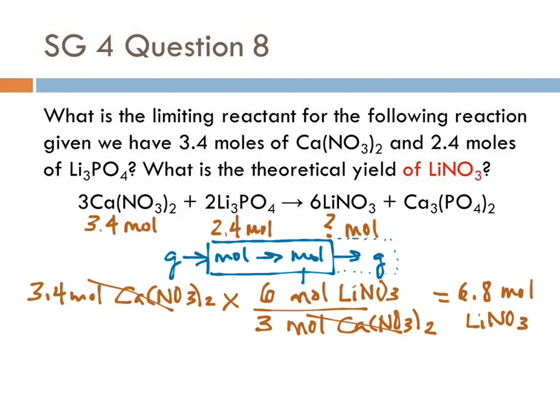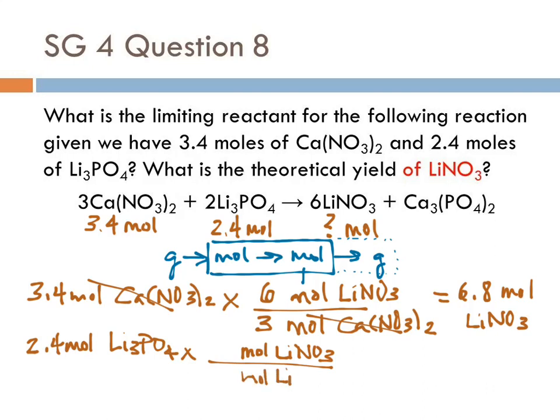That's one ingredient. Now we're going to do the other. 2.4 moles of the lithium phosphate times, and again, this is one conversion factor. Moles of lithium nitrate on top and moles of lithium phosphate on the bottom.